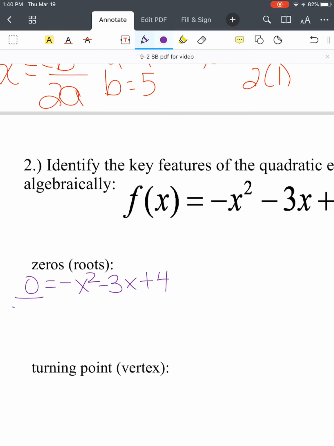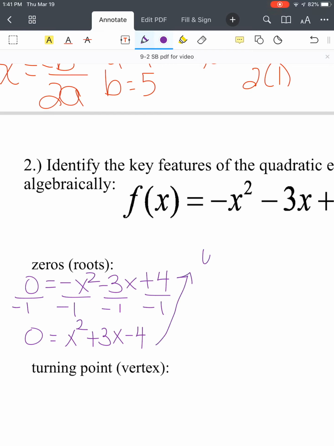So what we can do is divide everything through by a negative 1. As long as we do it to everything in an equation, that's okay. Just so it looks a little easier for me. Now I have x squared plus 3x minus 4. So I have 0 equals x squared plus 3x minus 4.